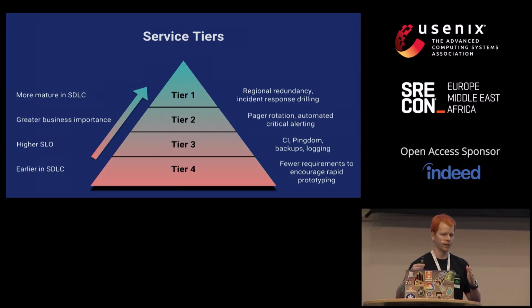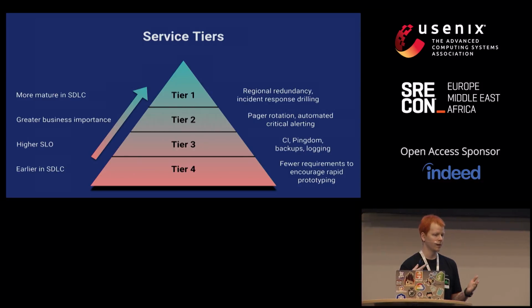And on another level, the higher you are on the tier, the more we require out of you. So we introduced requirements like regional redundancy, pager rotation, CI, Pingdom. Based on the tier, we expected you to hit these checkboxes and make sure that you fulfill those requirements to be actually classified as a higher tier and kind of mature on that level.